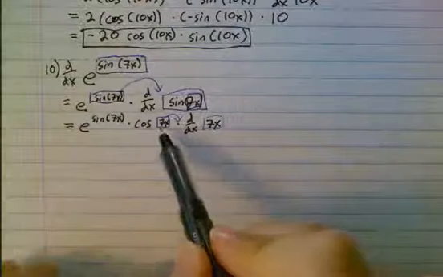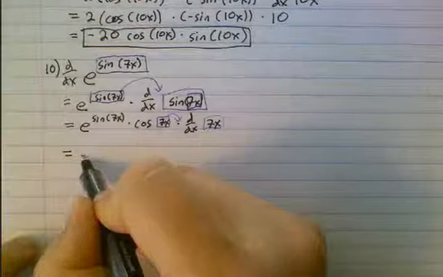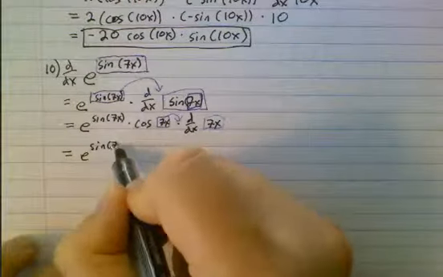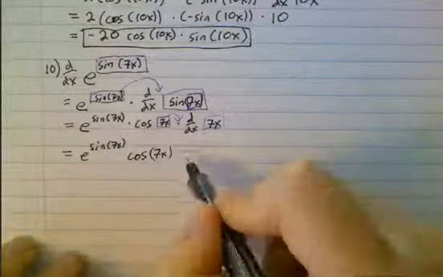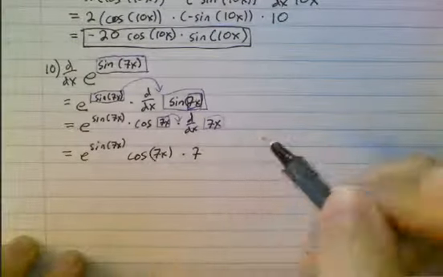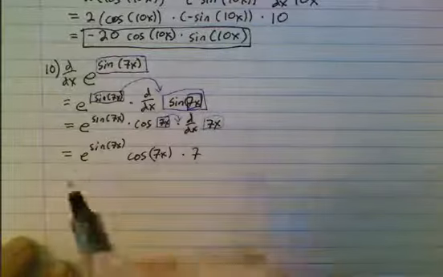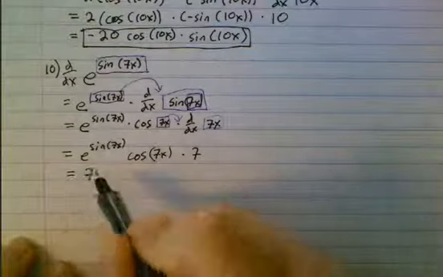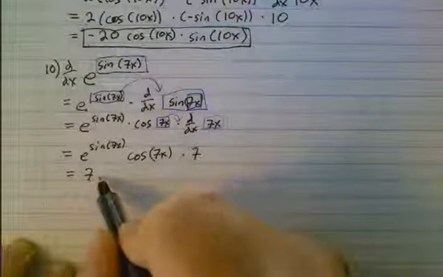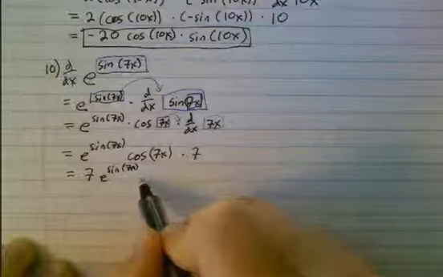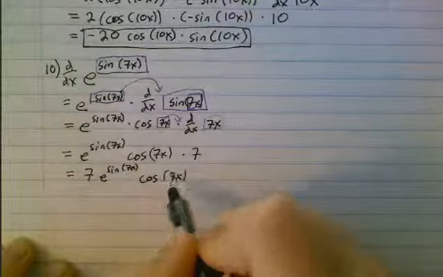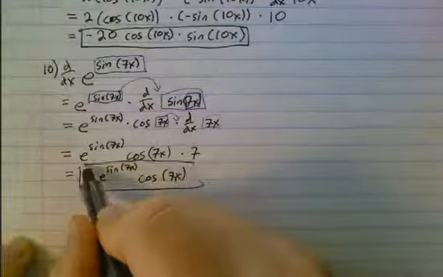Now these two pieces are done, so we just have to do the derivative here. Derivative of 7x is 7, and we can rewrite that with the coefficient at the front. And we're done.